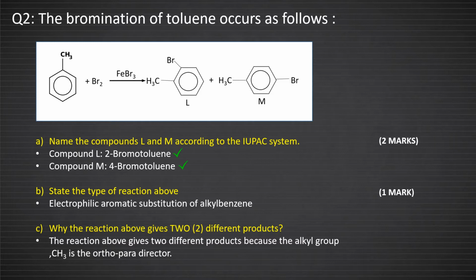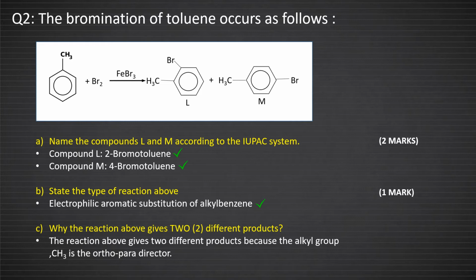Toluene is an alkyl benzene, Br2 is a halogen, and iron(III) bromide is a catalyst. You will get 1 mark if you give the correct type of reaction in a complete sentence. You must have electrophilic aromatic substitution of alkyl benzene.